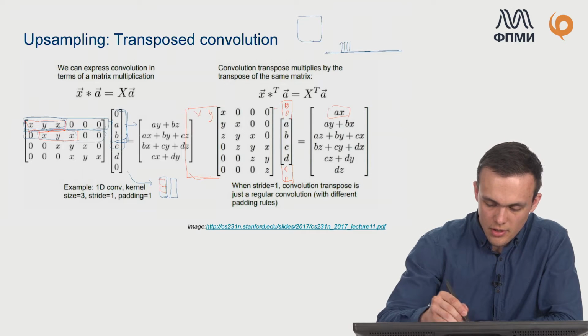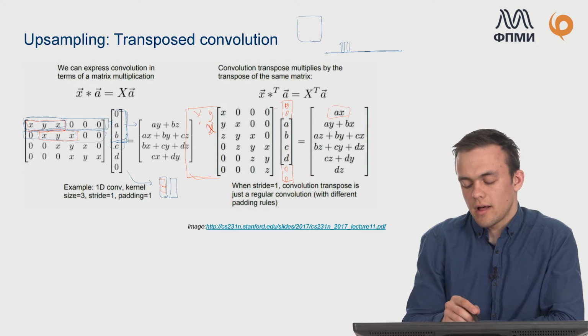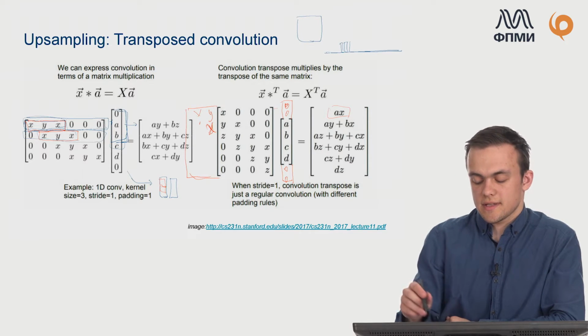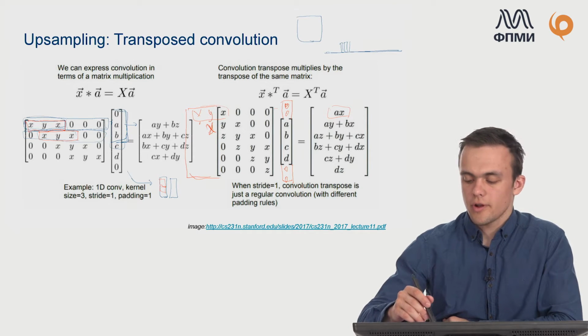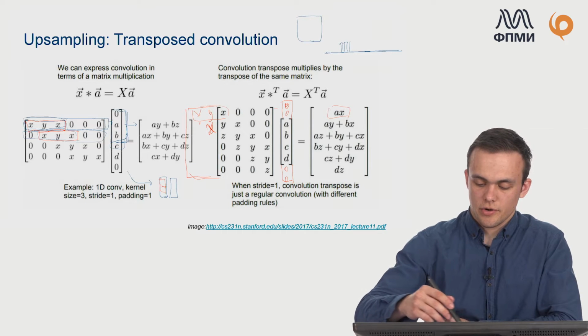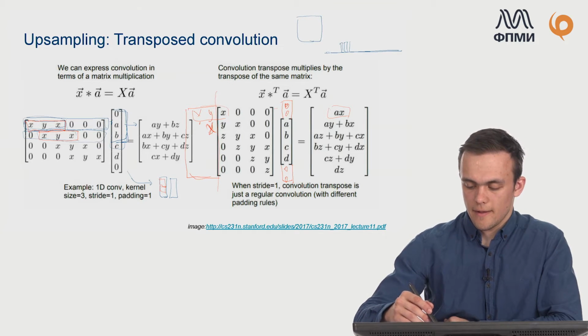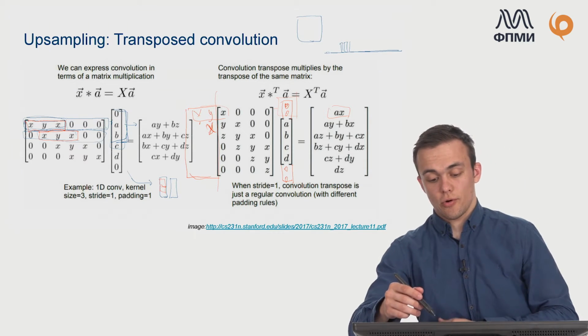So if you apply convolution that just filters on this vector, you will obtain the same result as if you just truncate this matrix, because here we have only 0 values.